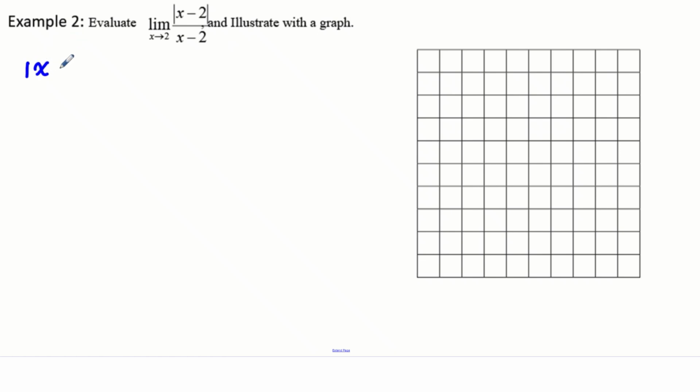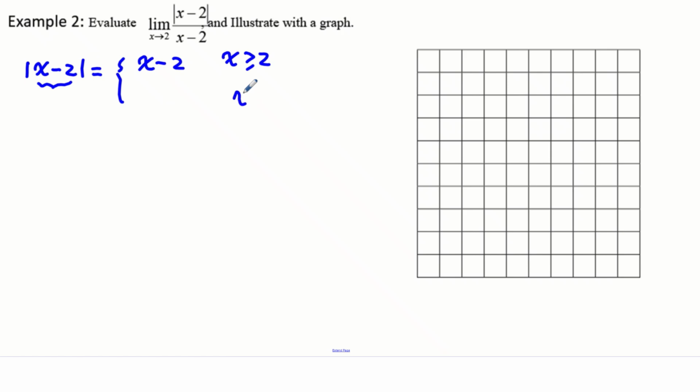So first thing, we want to get rid of the absolute value sign. These two bars mean absolute value, which keeps the inside positive. So for x minus 2 to be positive, x must be greater than 2. Then, since it's positive, the absolute value will just give x minus 2.